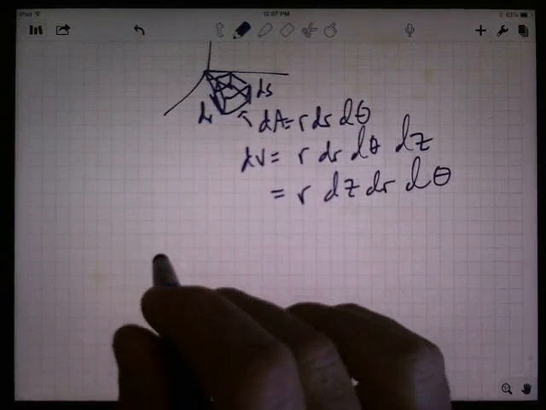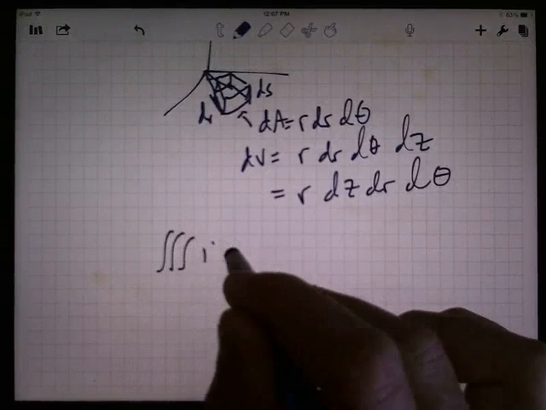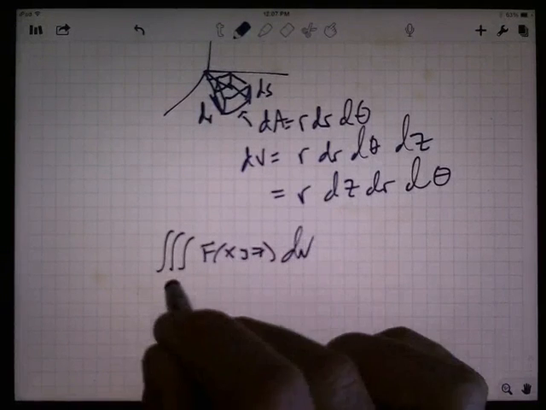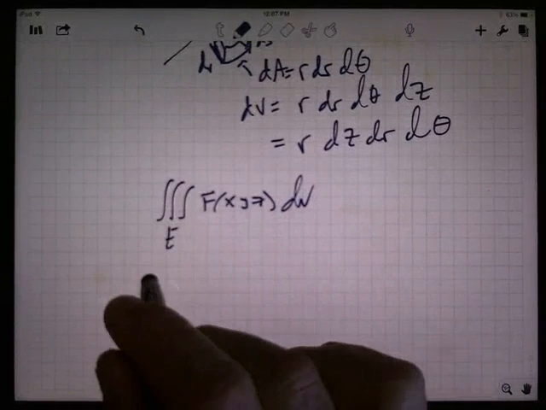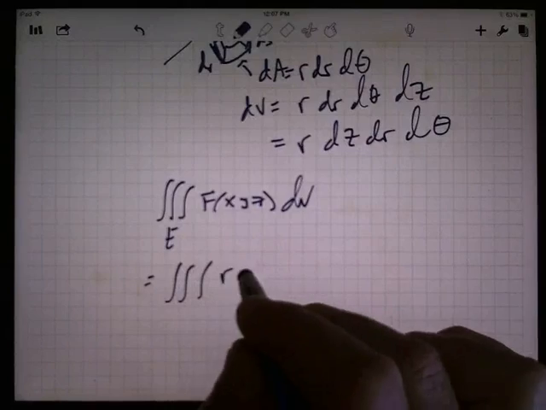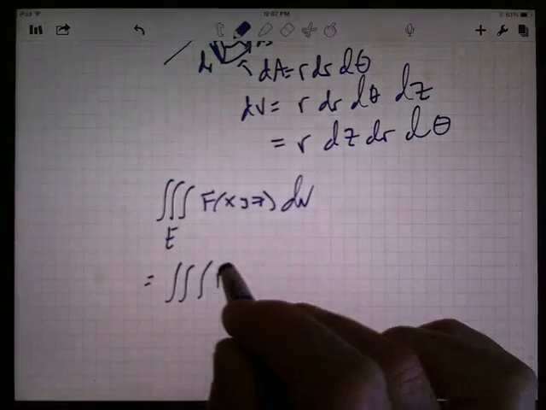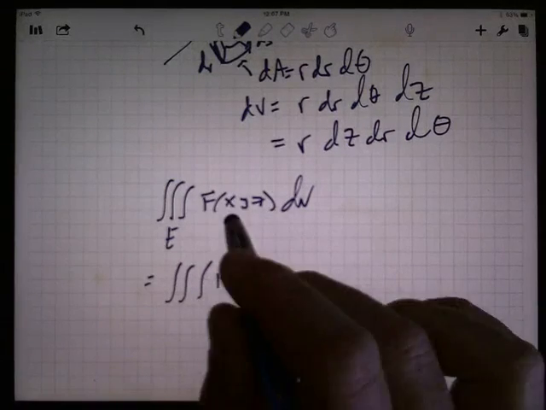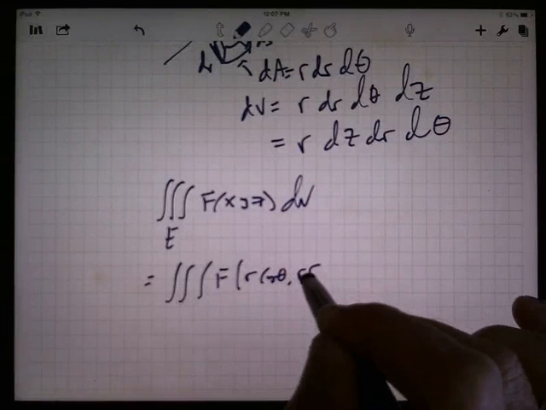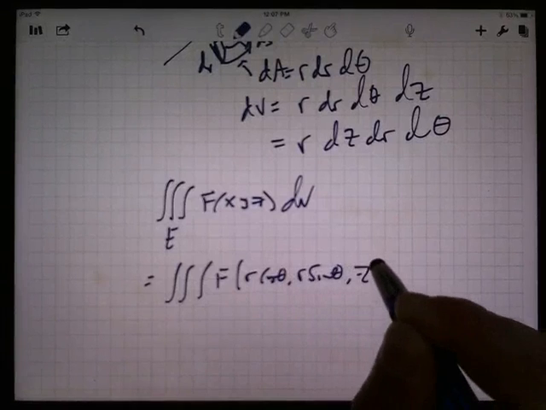So when you have a triple integral of some function of x, y, and z dV over the region E, then what you want to do is set this up as the integral of, you've got to convert to cylindrical coordinates here. x is r cos theta, y is r sine theta, and z is z.